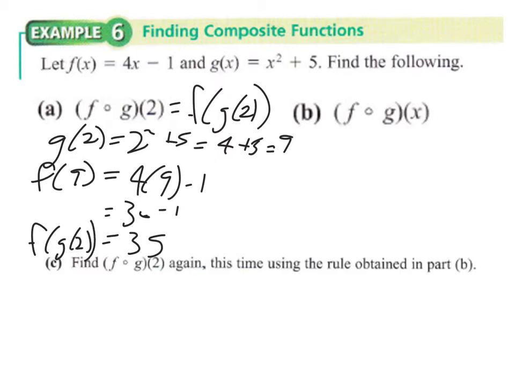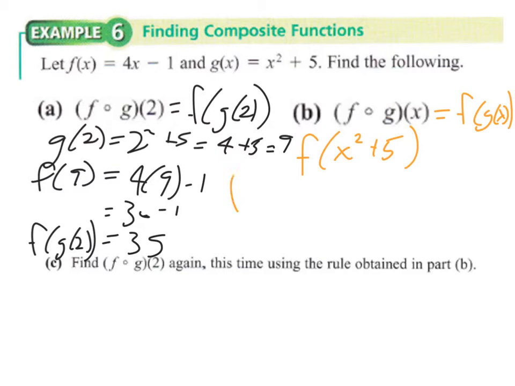They also ask here for us to find f of g of x. So we don't have a number to plug in, which means we need to just use the x for the input. So we're really finding f of g of x. So g of x is my input into f. G of x is x squared plus 5, so I'm really finding f of x squared plus 5.